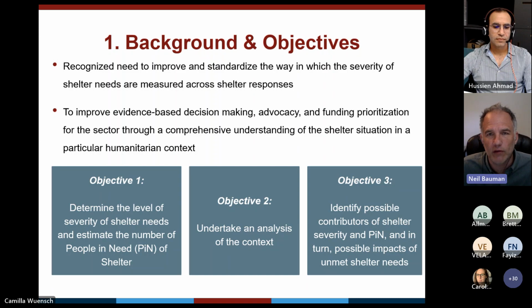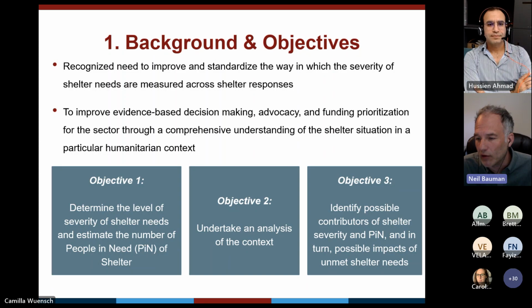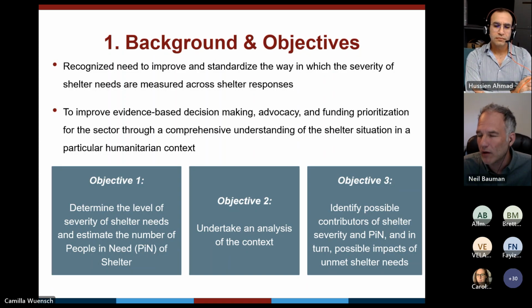So this tool is trying to describe what can be very complex in a very simple way. The point of it is also to help us operationally target where we want to provide certain types of assistance and in which priority, and give us a framework where we can see whether there would be change to that severity, partially due to our interventions.